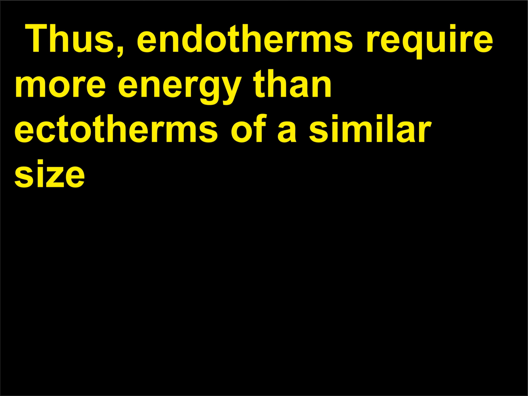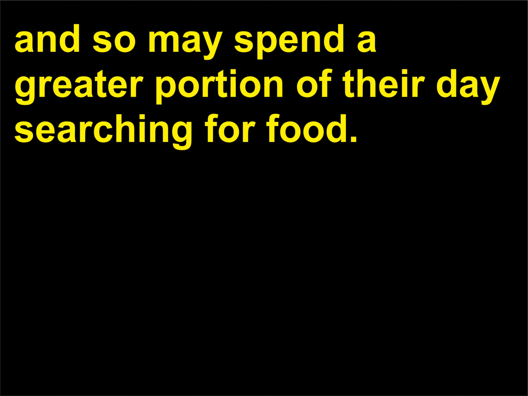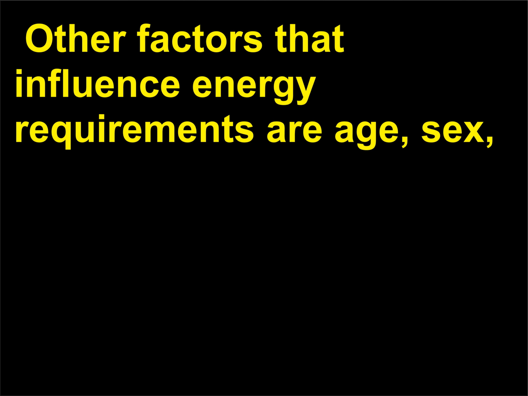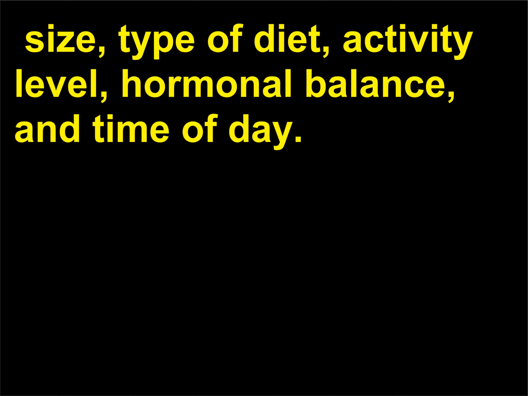Thus, endotherms require more energy than ectotherms of a similar size, and so may spend a greater portion of their day searching for food. Other factors that influence energy requirements are age, sex, size, type of diet, activity level, hormonal balance, and time of day.